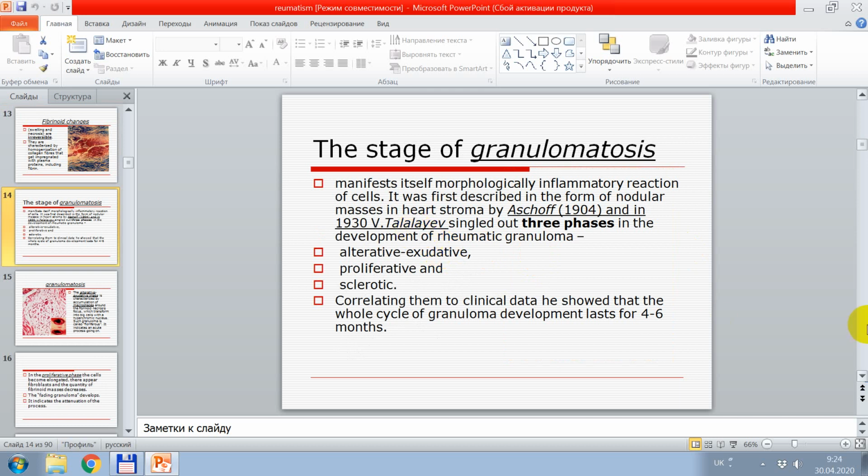It was first described in the form of nodular masses in heart stroma by Aschoff, 1904. And in 1930, Talalayev singled out phases in the development of rheumatic granuloma: alterative, exudative, proliferative, and sclerotic. Correlating them to clinical data, he showed that the whole cycle of granuloma development lasts 4-6 months.